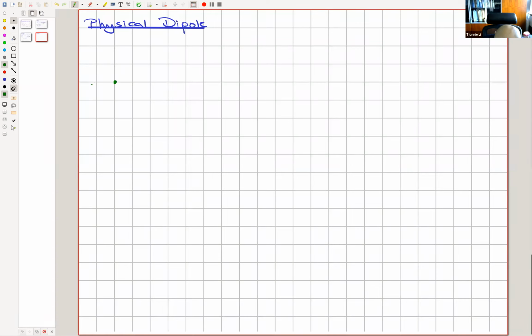Okay. Let's call this plus Q, and let's put a charge here, minus Q. And let's consider ourselves to be somewhere here. Okay. This is the observer.